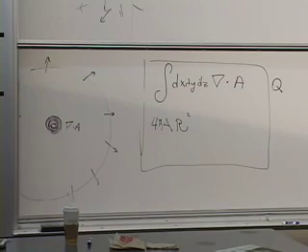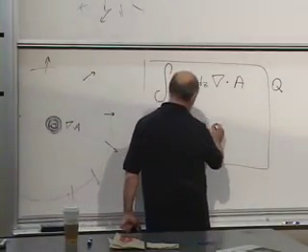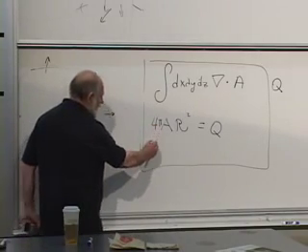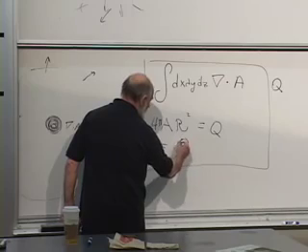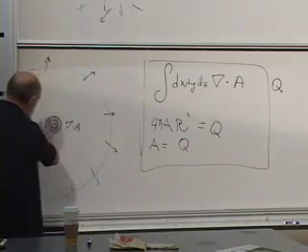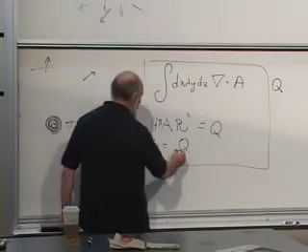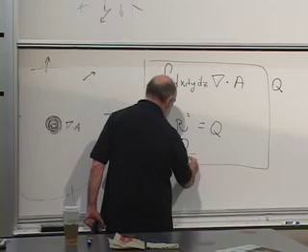Yeah, 4 pi r squared times the magnitude of the field is equal to Q. So look what we have. We have that the magnitude of the field is equal to the total integrated divergence divided by 4 pi, which is just a number, times r squared.